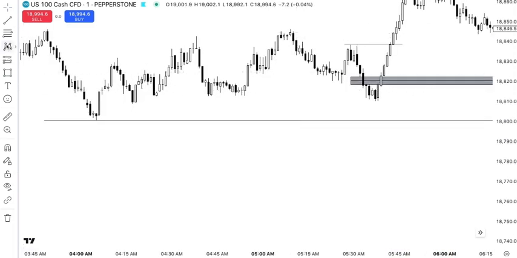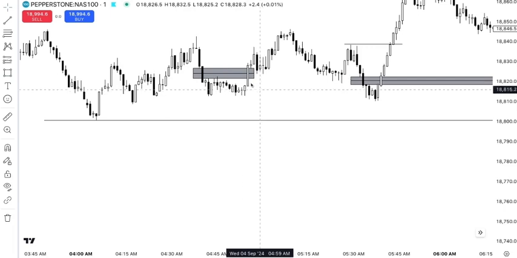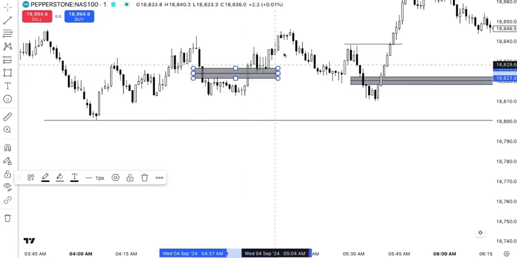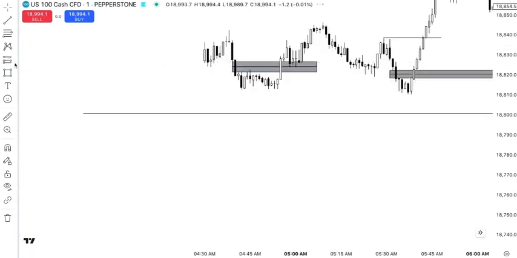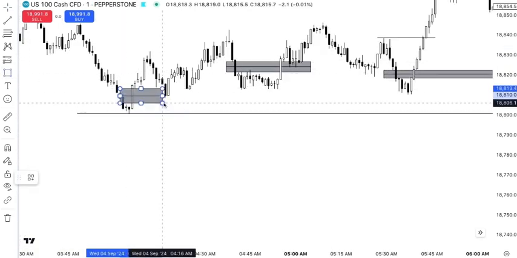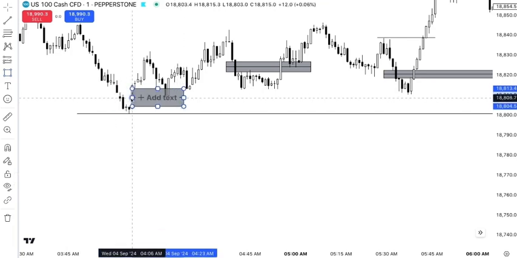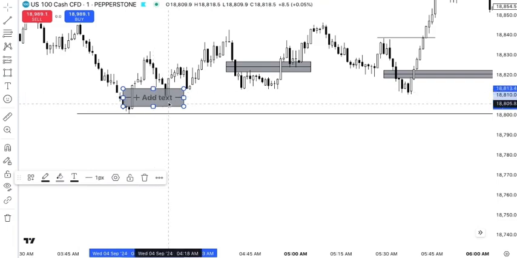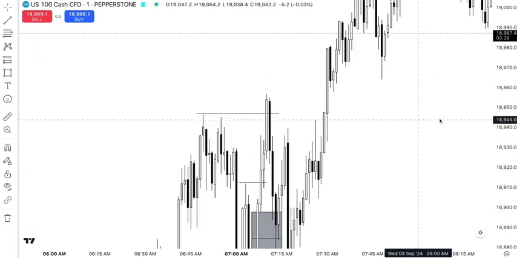Then we also have this right here as a BPR. Price comes into it, back out to these highs. And then right here, we have a fair value gap. Price comes into it, goes back out. Okay, so that's just BPRs and fair value gaps.